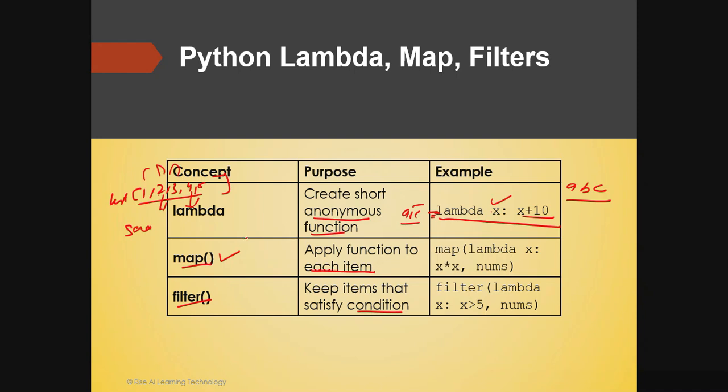Is it clear to everyone what methods, functions, lambda, map, and filters are? Okay, thank you. So we can jump to the hands-on for this.